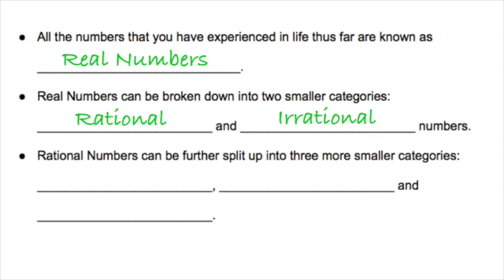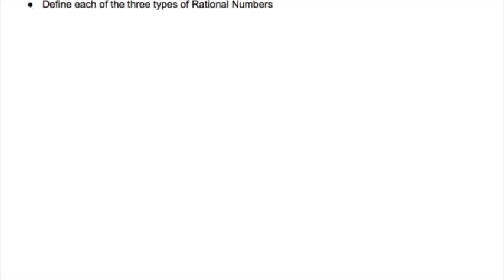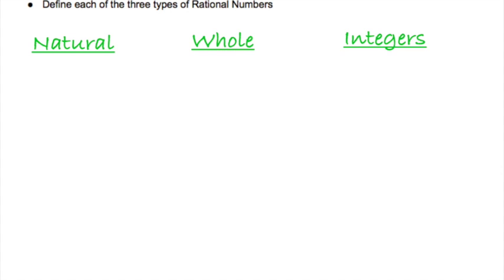Now, rational numbers can be further split up into three smaller categories: integers, which we've talked about before, whole numbers, and natural numbers. So we have these three categories of rational numbers: natural numbers, whole numbers, and integers.